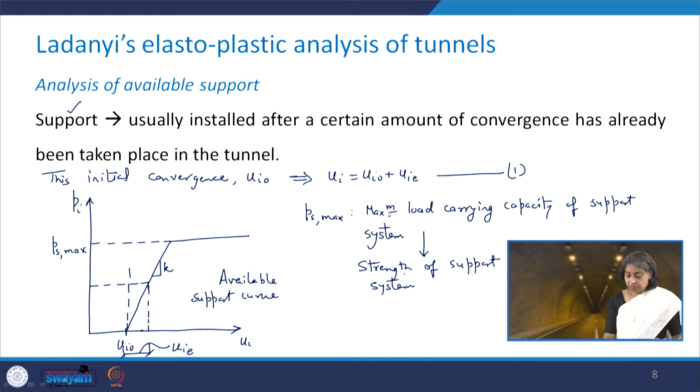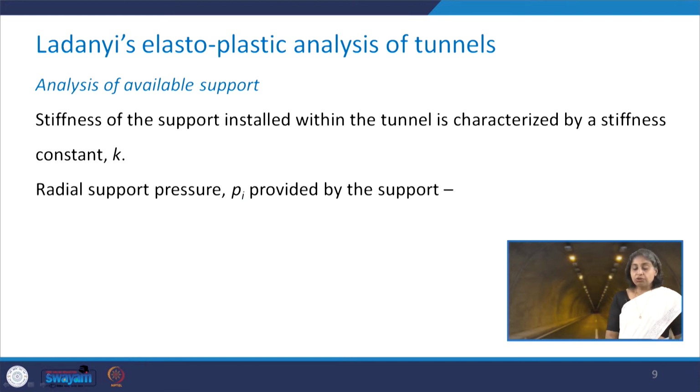Now the question comes: what is the stiffness of the support system, which is K? The stiffness of the support that is installed within the tunnel is characterized by the stiffness constant, which is represented by K. So the radial support pressure Pi, which is provided by the support, can be given by Pi equal to K into Uie divided by Ri.